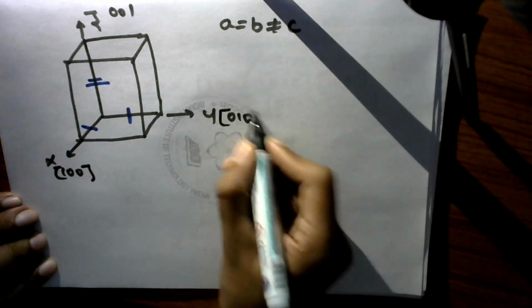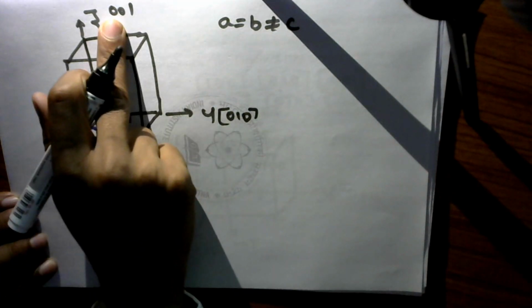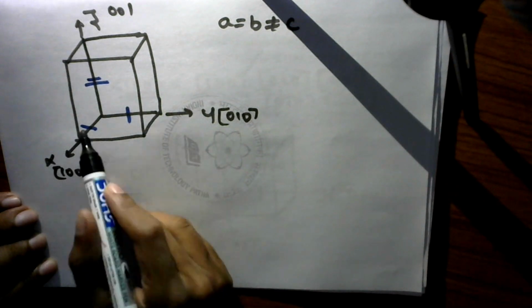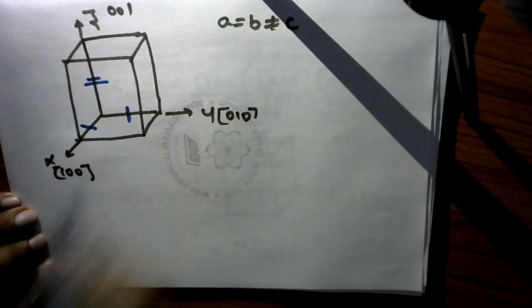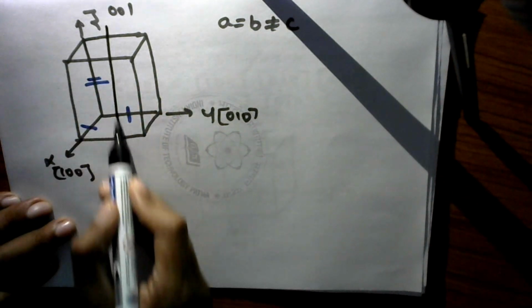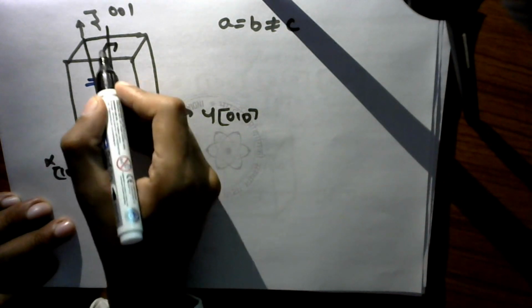And so my this direction 100, this direction 010, and this direction 001. So this direction is having a different length, different dimension, and different symmetry compared to the x and y ones. So x and y are not equivalent with the z, while x and y are equivalent because they have the same magnitude, and if I rotate them by 90 degrees about the c axis, there is a fourfold rotation.